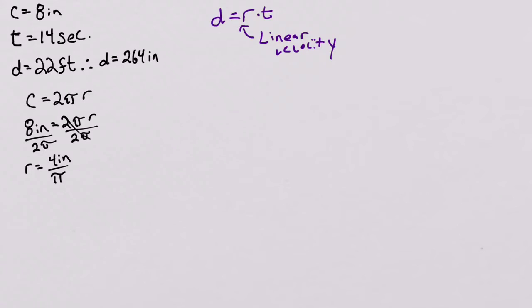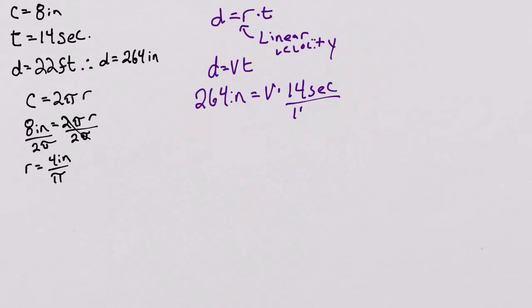So we can rewrite the equation as d equals vt, where v is our linear velocity. From here, we just plug everything in. We know our distance, we know our time. 264 inches equals my linear velocity times my time, which is 14 seconds. From here, we divide both sides by 14 seconds.